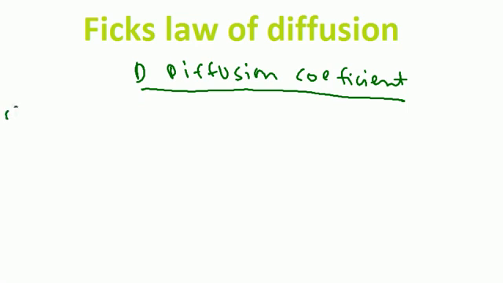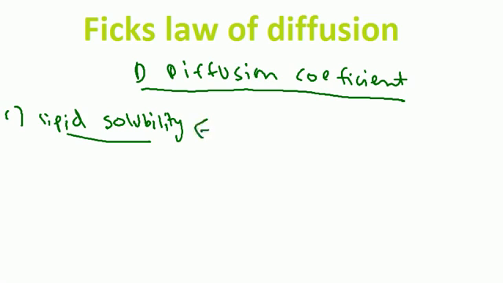The first factor is lipid solubility, and this is the most important factor. The more lipid soluble a substance is, the more diffusion there is, so it is directly proportional.